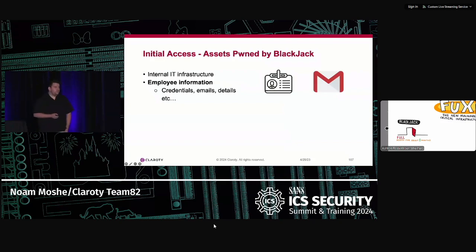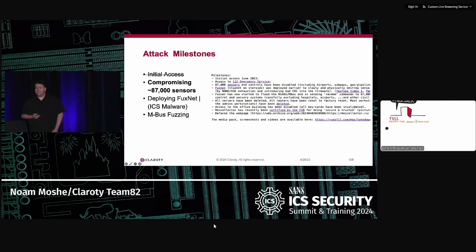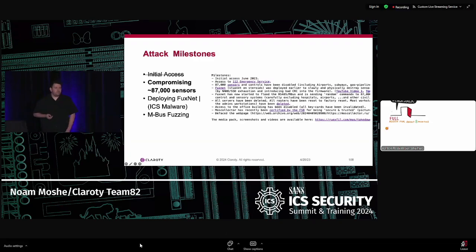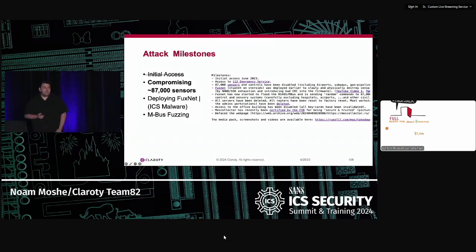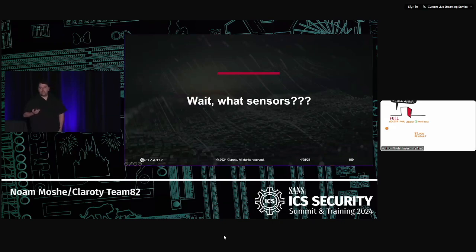However, once they gained full control over the IT infrastructure of Moss Collector, they moved on to the interesting part of the attack, which was actually attacking the ICS part, the actual use case and business of Moss Collector. And in their claim, Blackjack claims to have attacked around 87,000 sensors. However, when we saw that, our immediate question was, wait, what sensors exactly?